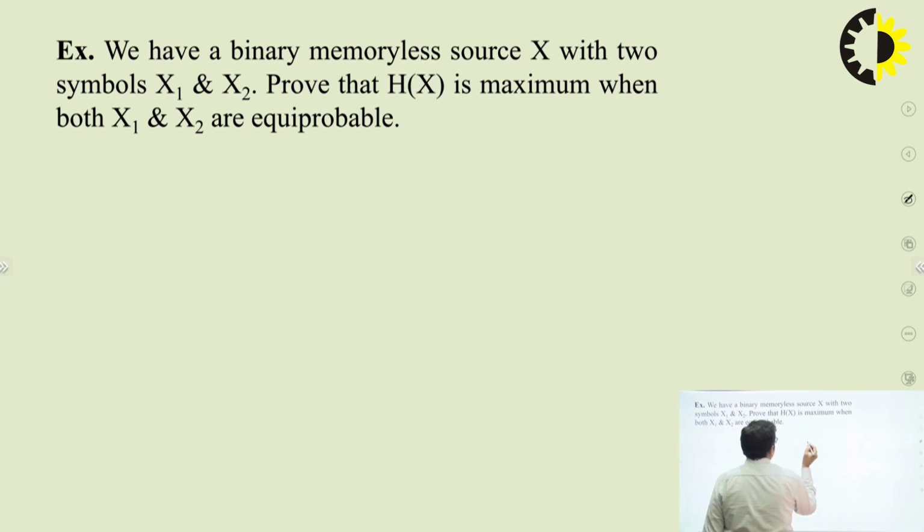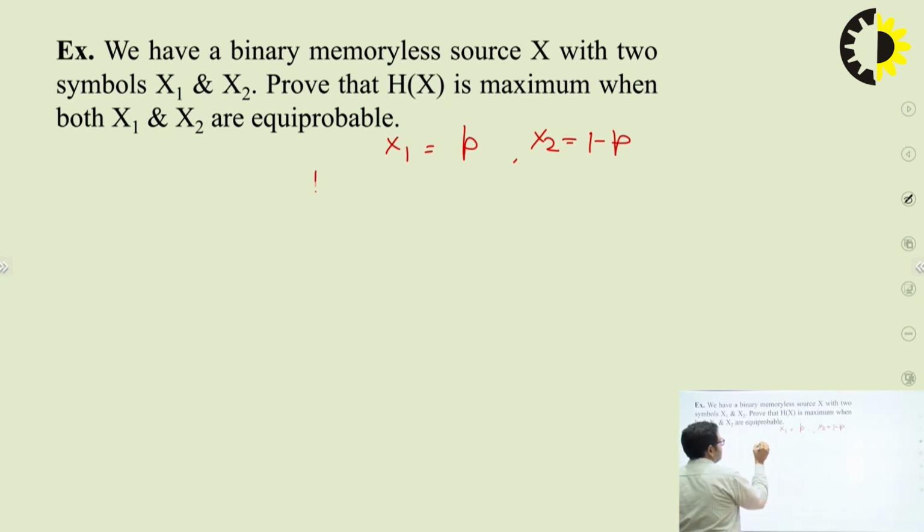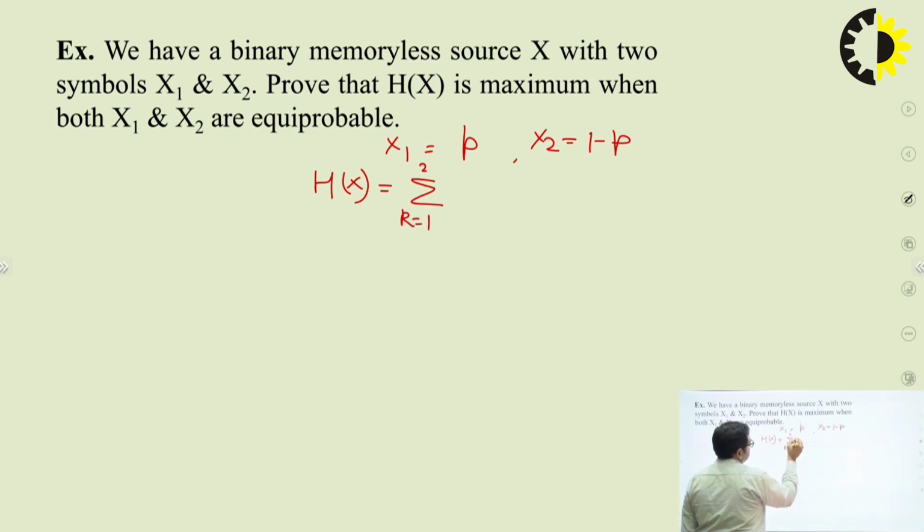So, we are going to assume that the probability of one symbol x1 is p, then the probability of the other symbol will be 1 minus p. So, the entropy of this source will be the summation over k from 1 to 2 of Pk log 1 upon Pk.